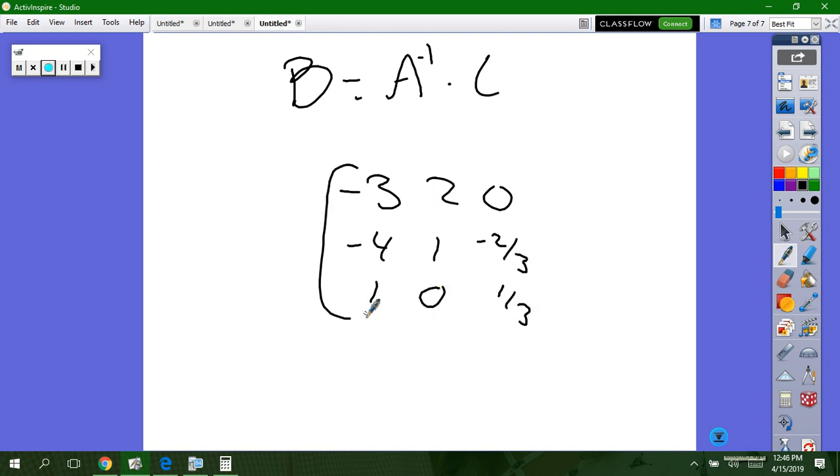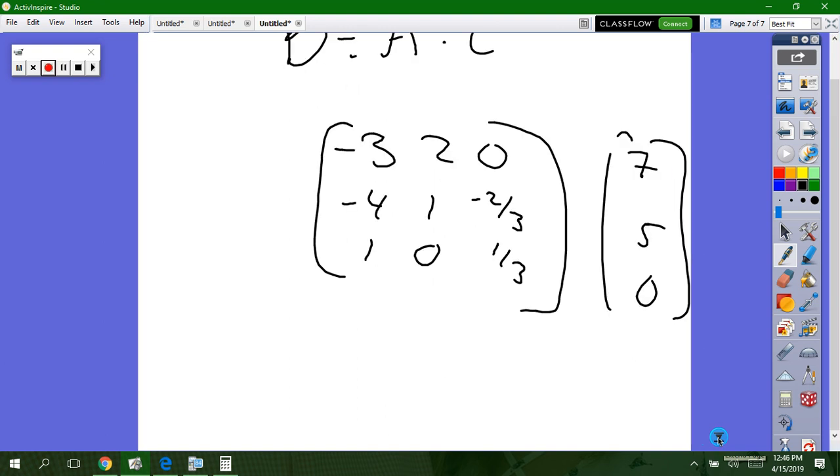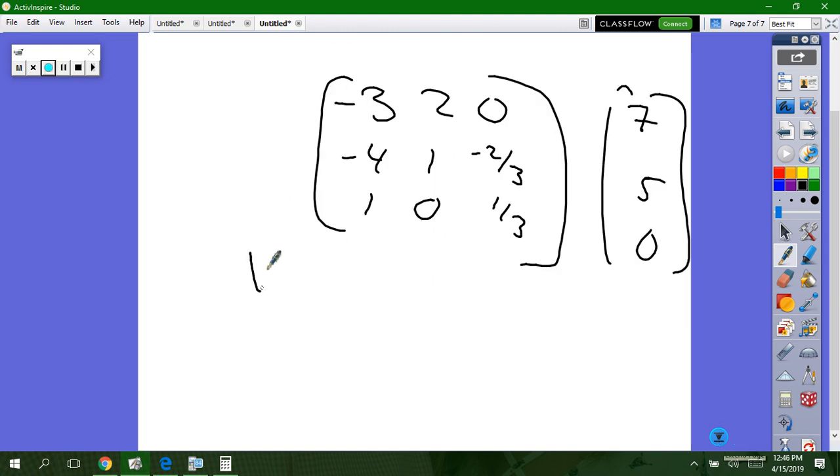Okay, so there's A's inverse. Does everybody agree on A's inverse? What is the next thing I'm looking for? Well, I'm looking for C, and what was C? 7, 5, 0, correct? So when I multiply these, I will get what x, y, z was. Because that was matrix B, correct?